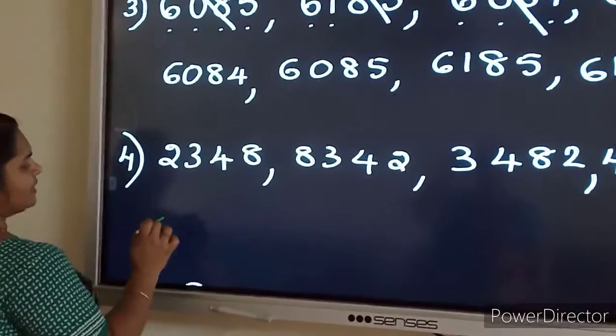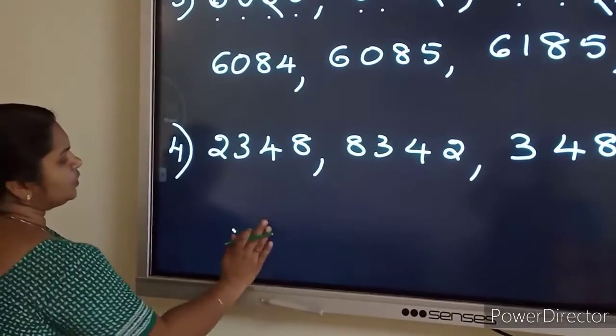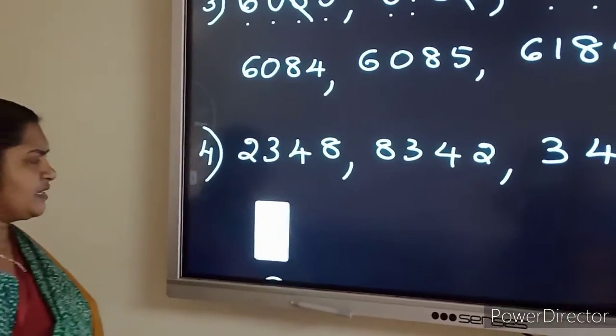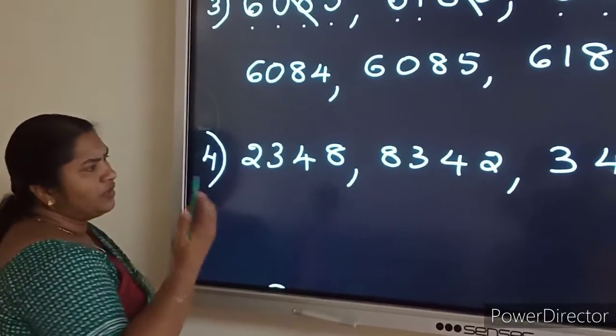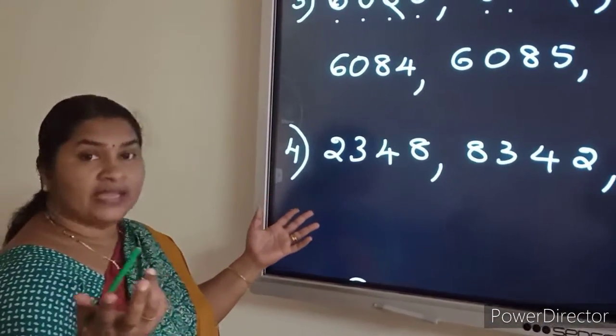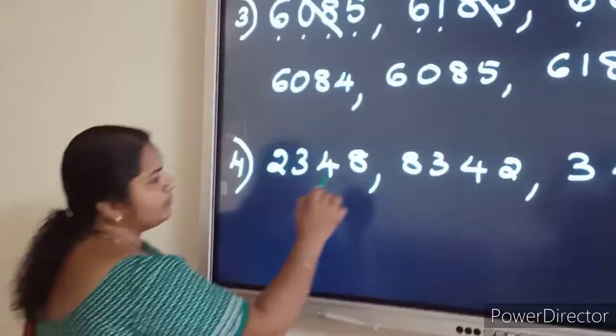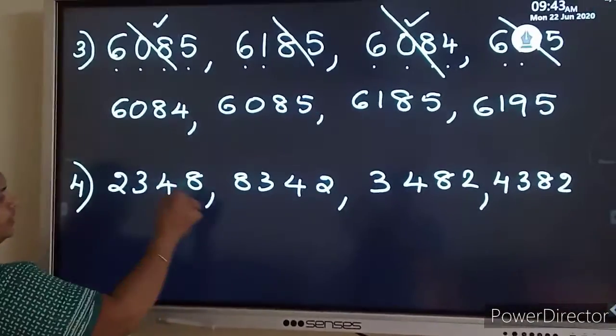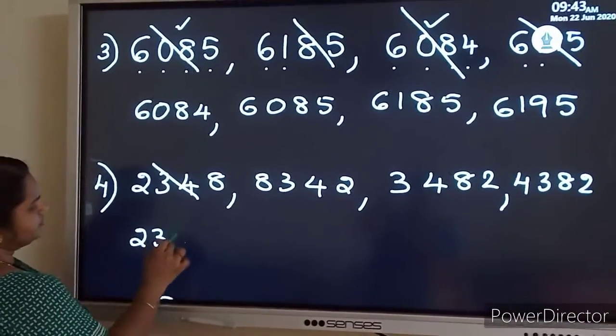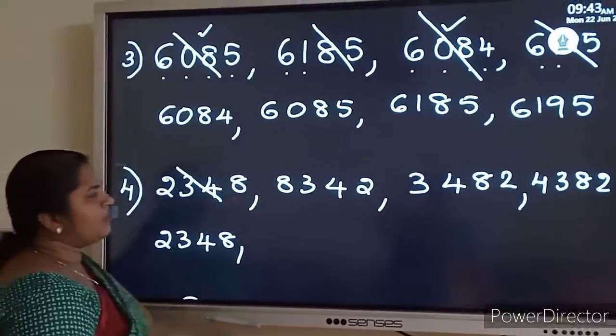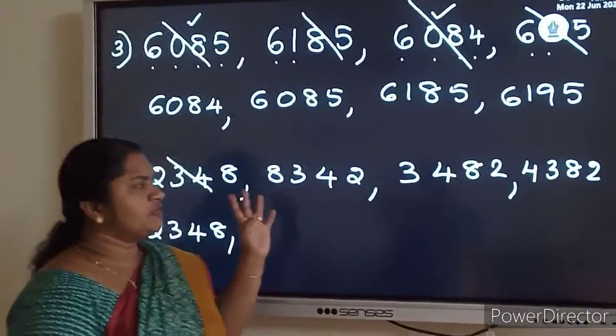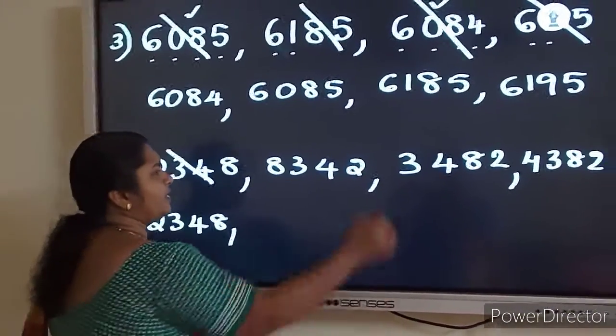I think one more question is needed for you to understand this concept. Last one. You can very well do this one without my help. So the first one will be, yes, this one. Then we have only 3 out of these. Which one is the smallest one?